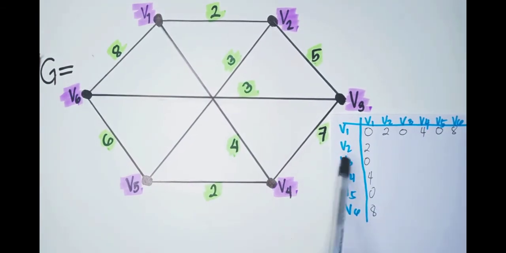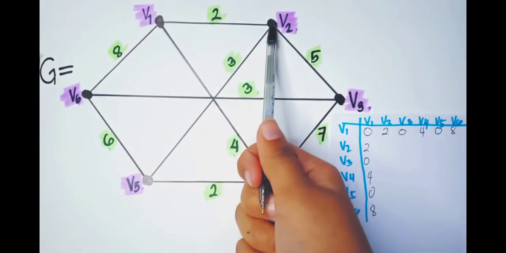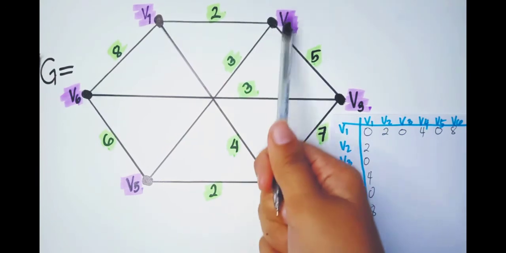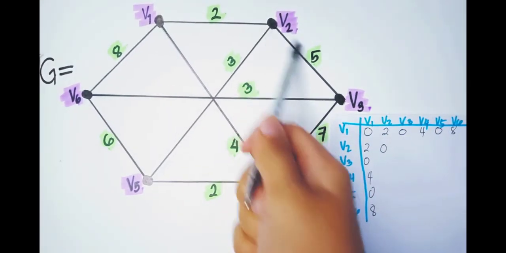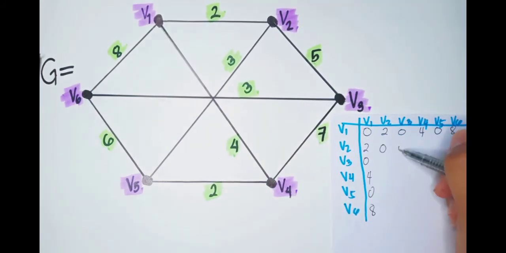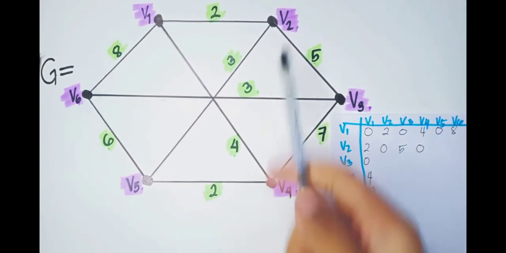So next, proceed to vertex 2 to 2. Since vertex 2 is not connected to vertex 2 directly, we're going to put 0. V2 to V3 is 5. V2 to V4 is not connected directly, so we're going to put 0.